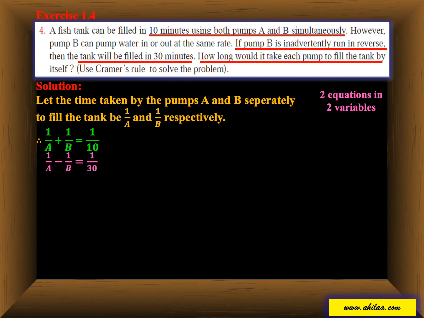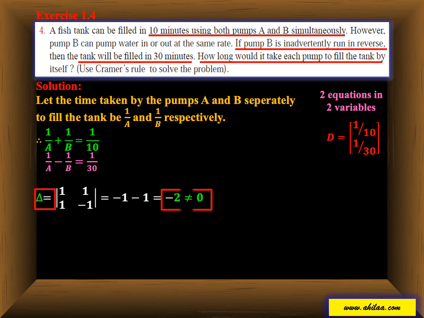So it is a problem with two equations in two variables. What is D? The constants on the right hand side, 1 by 10, 1 by 30. So let us proceed with Cramer's rule. Find delta, the determinant of the coefficient matrix, 1, 1, 1, minus 1. So we get minus 2, which is not equal to 0. So we can proceed with Cramer's rule.